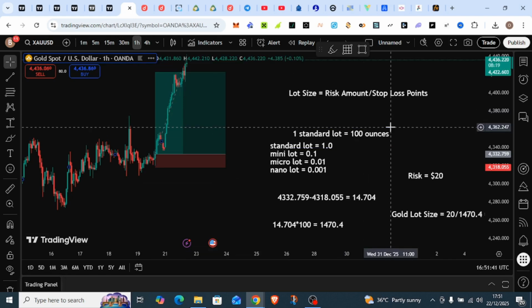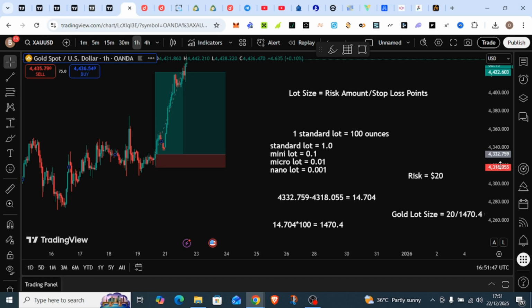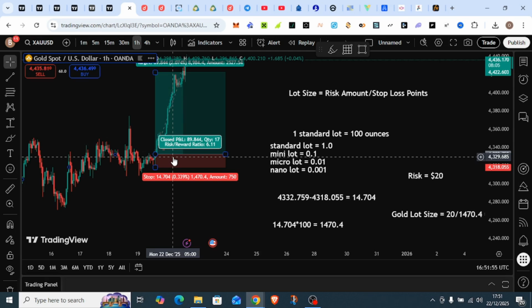In order not to bore you with these calculations here, the only thing you need to do is to plot your entry points, your stop loss points, and your take profit points, and you hover on the setup. Just get this point. This is the only point you need. Don't bother about this calculation. I just showed you how these numbers are gotten for educational purposes.